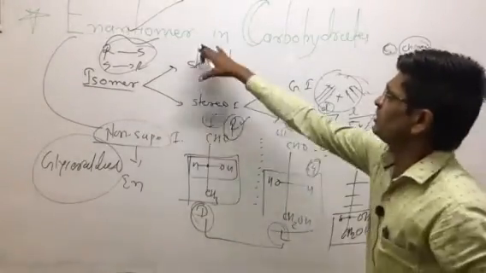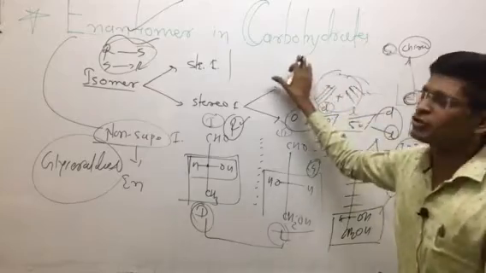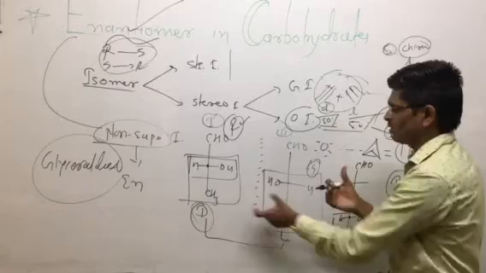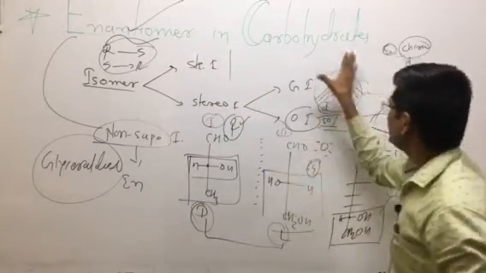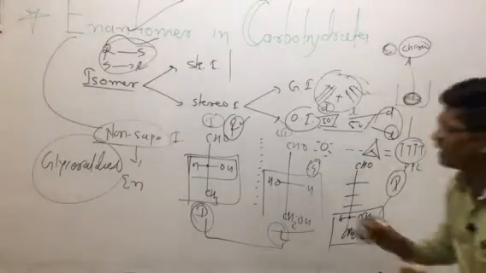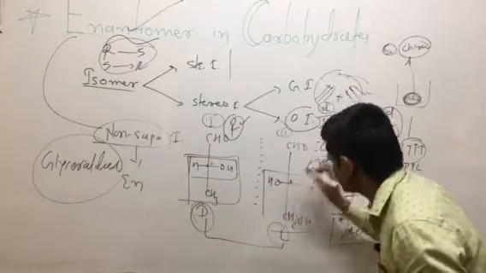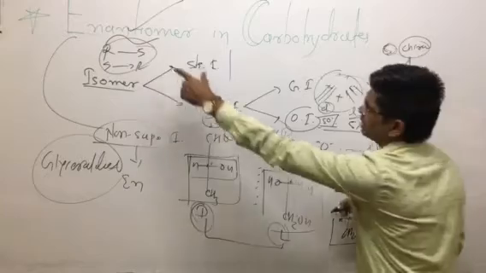So this is the concept. We can say this is enantiomer in carbohydrates, as in monosaccharides, such as glucose as well as glyceraldehyde. So here our concept of enantiomer in carbohydrates is complete. The concept depends upon the chiral center: the molecule must have a chiral, asymmetric atom, with non-superimposable mirror images.